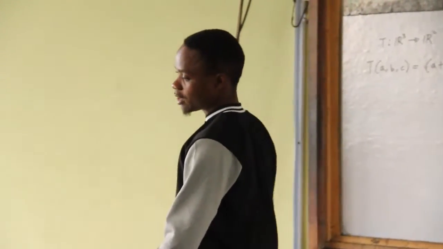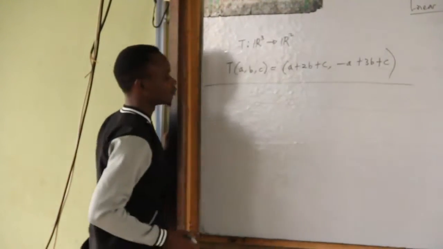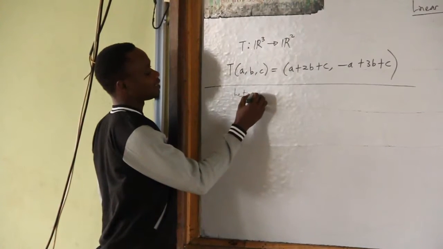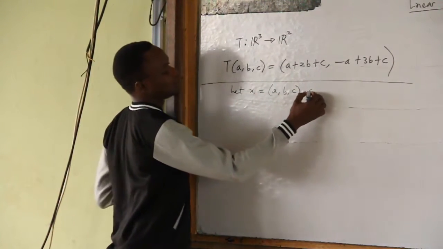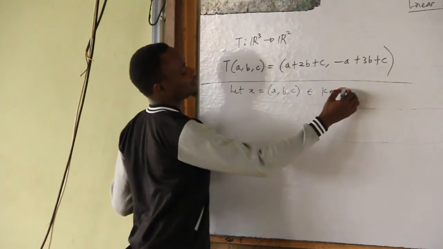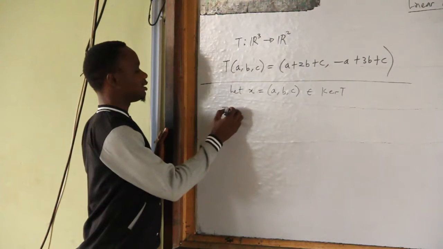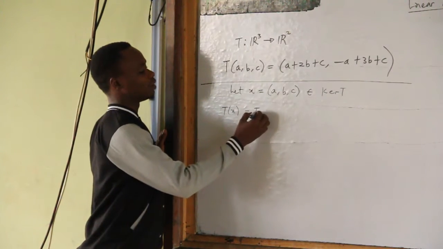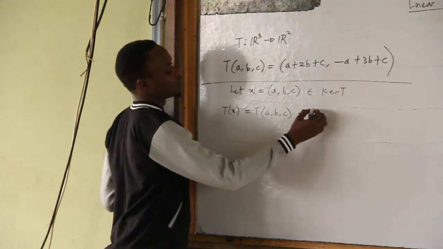Listen now. Select X equal to A, B, C, the elements of the kernel of T. Then it will follow that T of X, which is T of A, B, C, will be equal to 0.